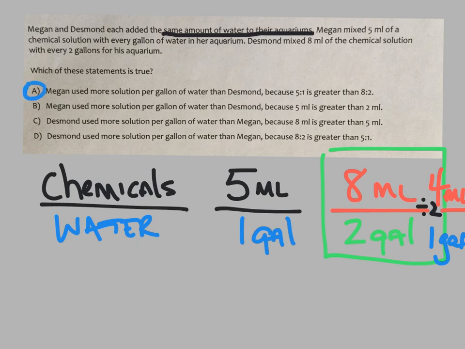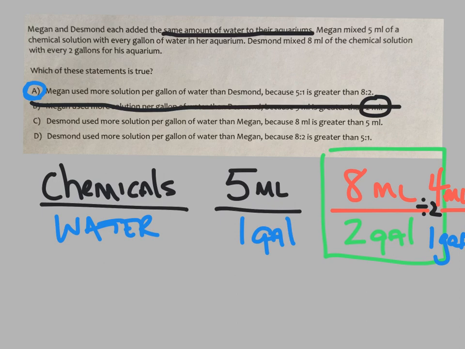But before we just choose A, let's make sure we can eliminate B, C, and D. Megan used more solution than Desmond because 5 milliliters is greater than 2 milliliters. Well, at no point in this problem has anyone talked about 2 milliliters of anything. So that's a distractor. That's wrong.